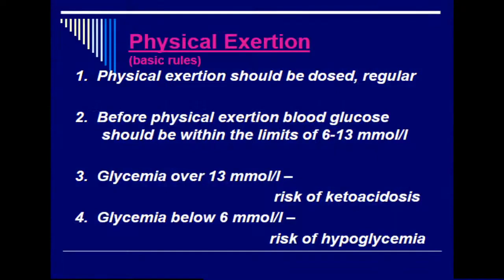Physical exertion should be dosed and regular. Before physical exertion, blood glucose should be within the limits of 6 to 13 millimole per liter. Glycemia over 13 millimole per liter, risk of ketoacidosis. Glycemia below 6 millimole per liter, risk of hypoglycemia.